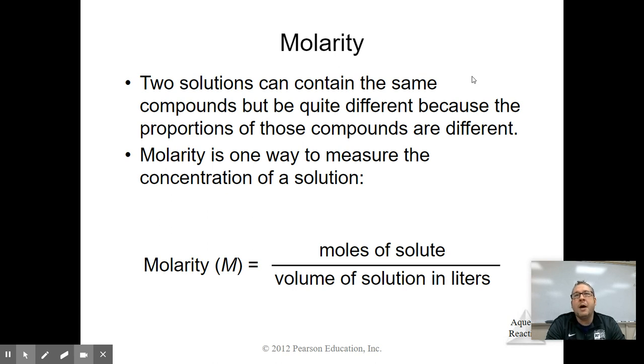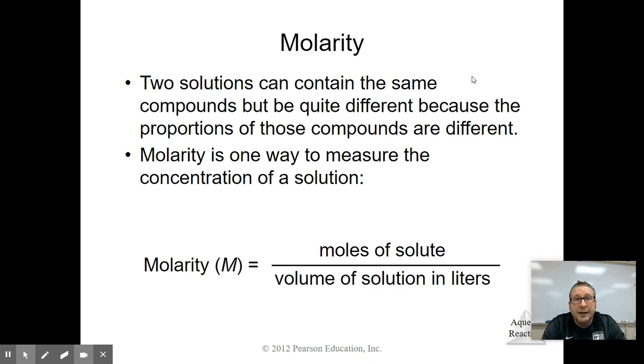What we're going to be talking about is making solutions, according to appropriate concentrations. We're talking about aqueous reactions and solutions, and so we're talking about molarity.